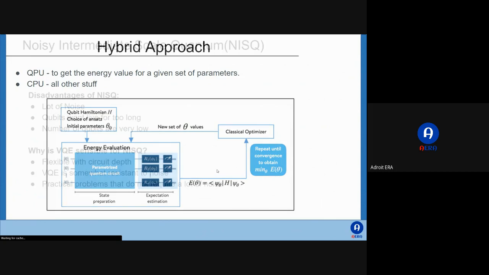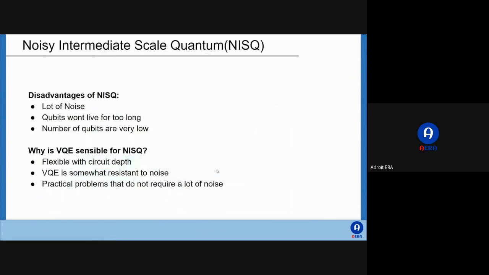As I mentioned before, we are in the NISQ era, the noisy intermediate-scale quantum era. So let us see what the disadvantages are. We know the advantages: it is a lot better than having nothing.